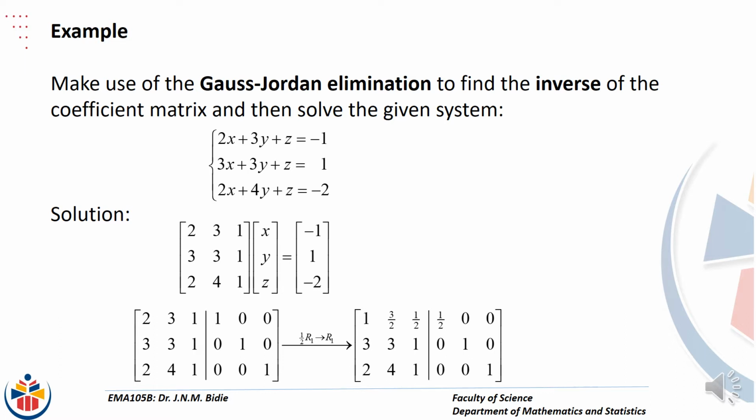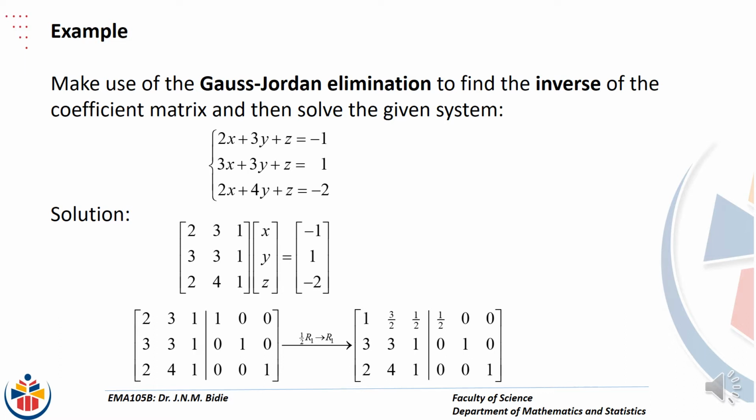So for this particular system, first things first, we have to make sure that we write the system in matrix form, do the augmentation of the coefficient matrix A with the identity matrix, and then do row operations.